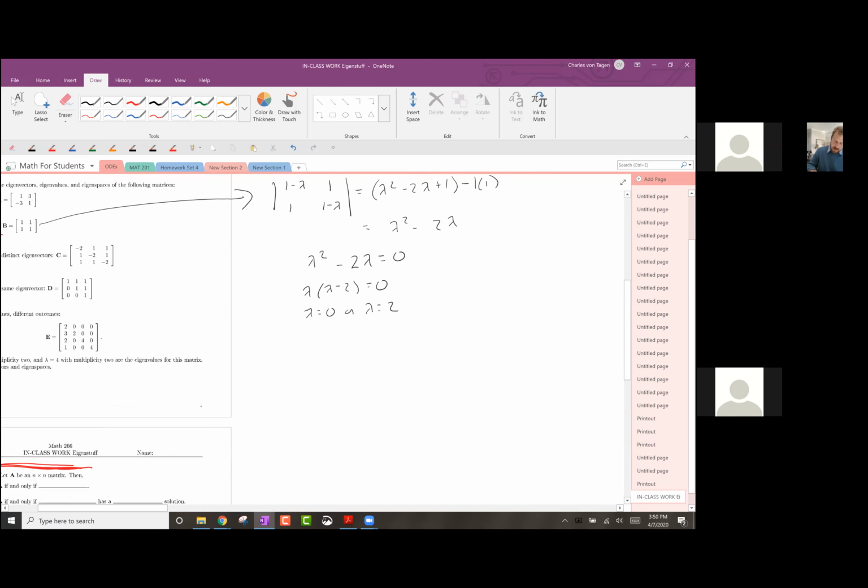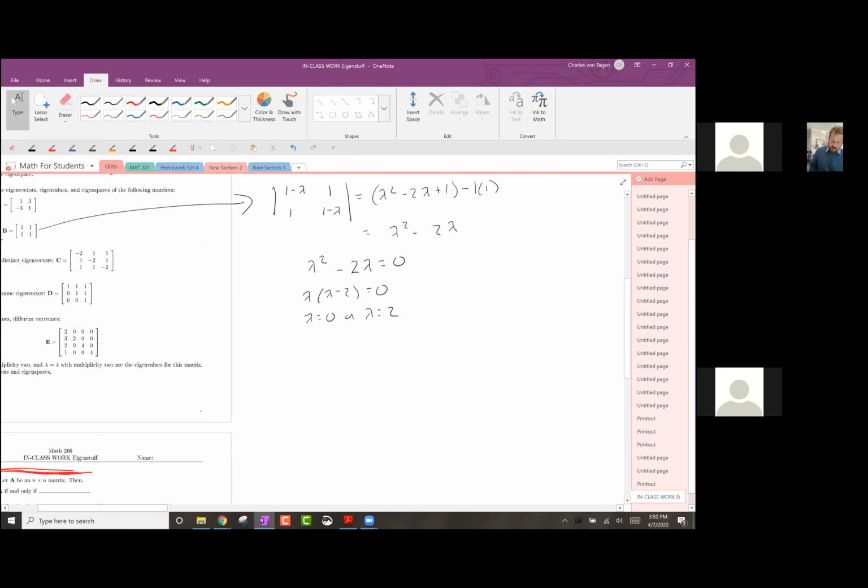When we go to find the corresponding eigenvectors, let's pick lambda equals 0. We're going to return to this equation here: A minus lambda I times the vector v needs to equal the 0 vector. And so what do we end up with?